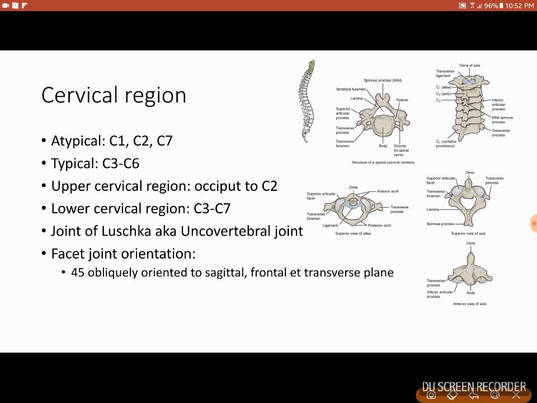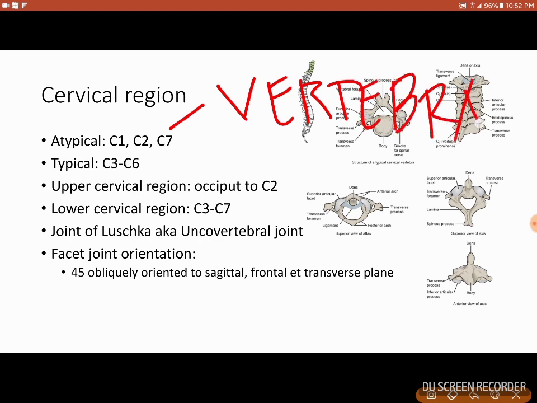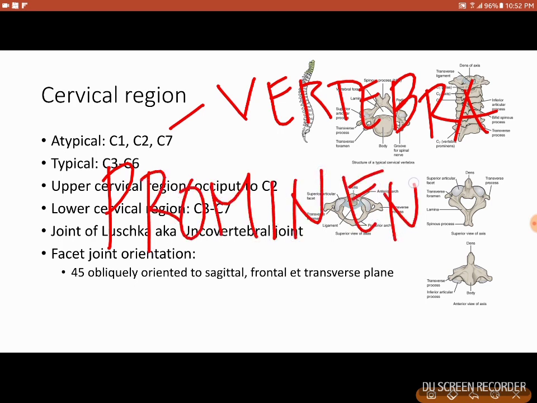And the other name of C7 is vertebra prominens. C7 can be palpated posteriorly on your neck proximal to the thorax because your C7 has the longest spinous process.